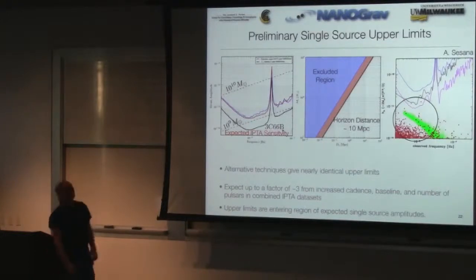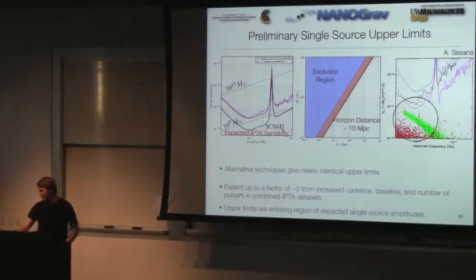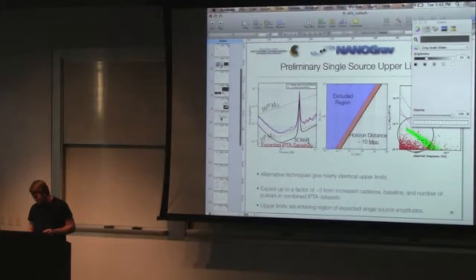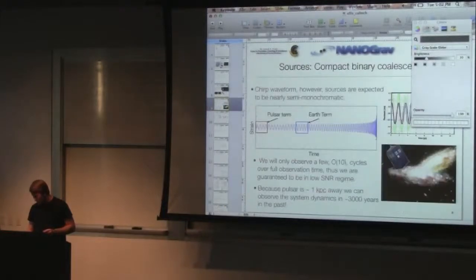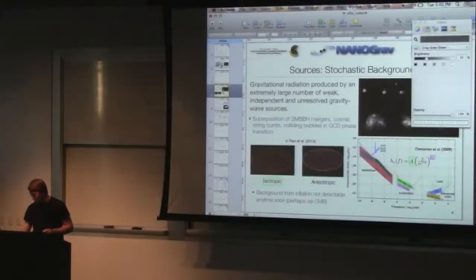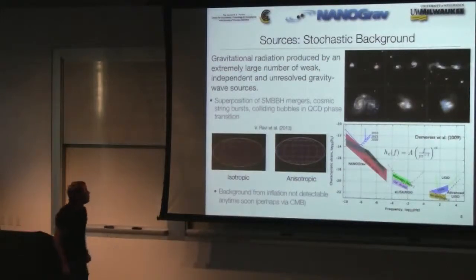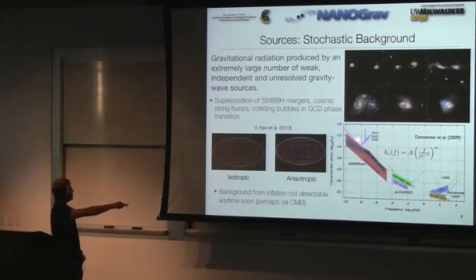Let me go back to that slide. Here? No, here. Well, it's a caveat. All of my research has been on supermassive black hole binaries. I know that these limits come from whatever the best published limits are on the strength.